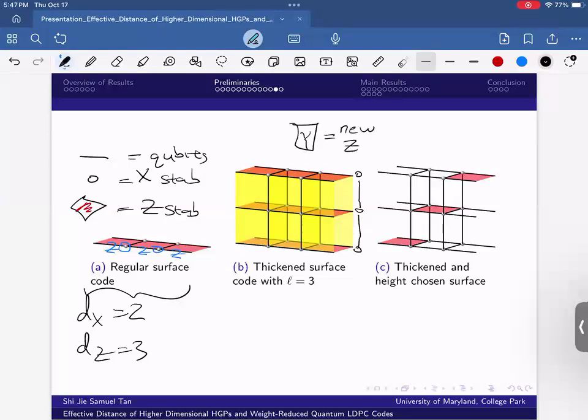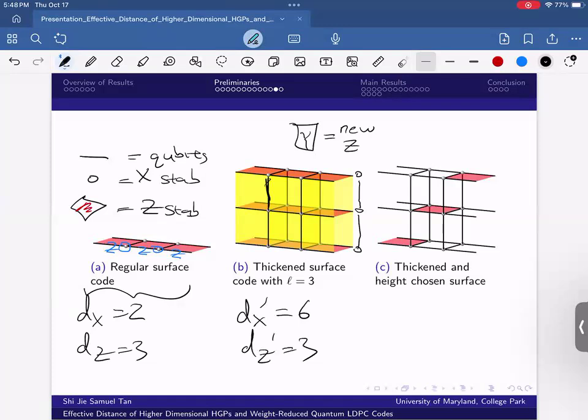They check the qubits between each layer. You also have some additional quantum bits, the black lines here, that bridge the layers together. And in this case, after thickening, we now have dx prime equals 6 and dz prime equals 3.